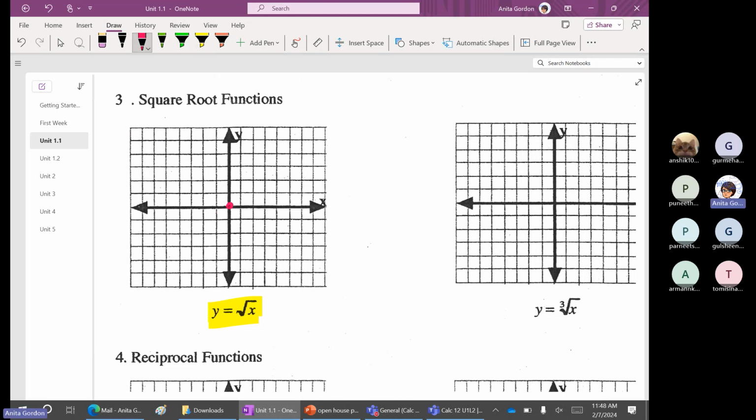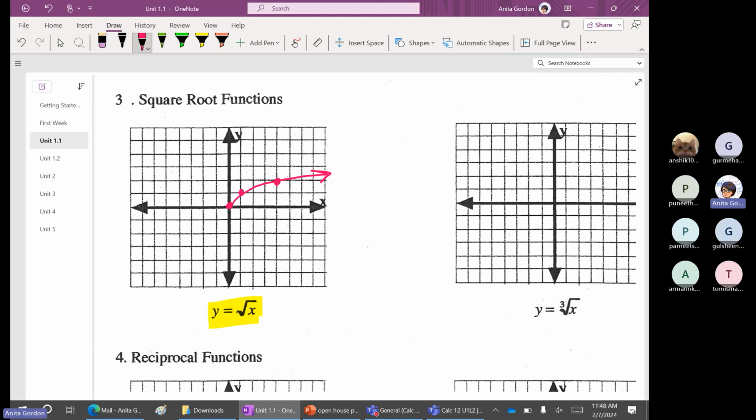0 at 0, 1 at 1. And 4, 2. Yeah. Okay. It looks essentially like a sideways parabola. Think of the x squared function: 0, 0, 1, 1, 2, 4.